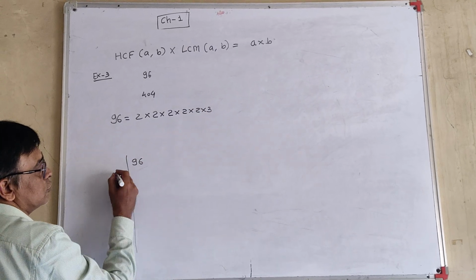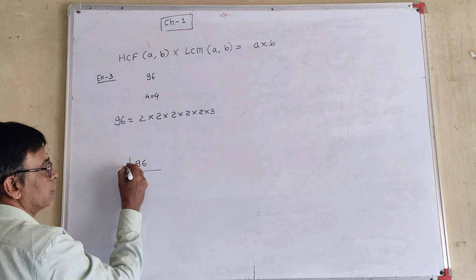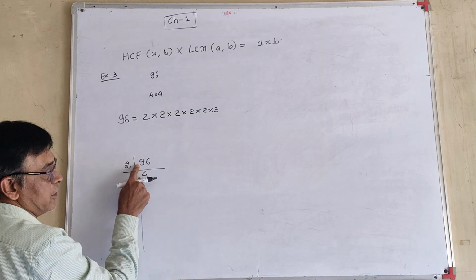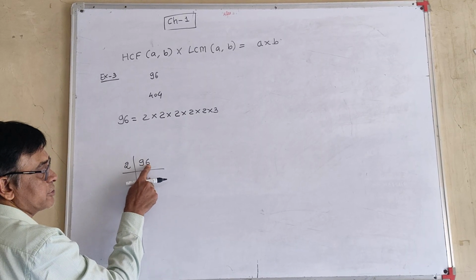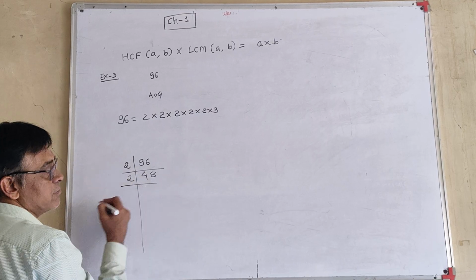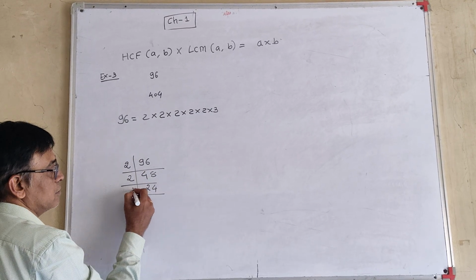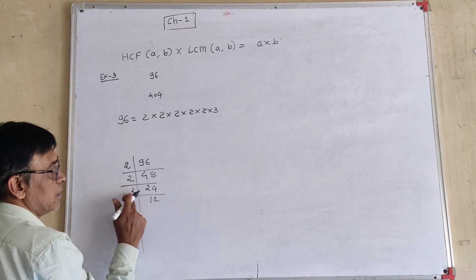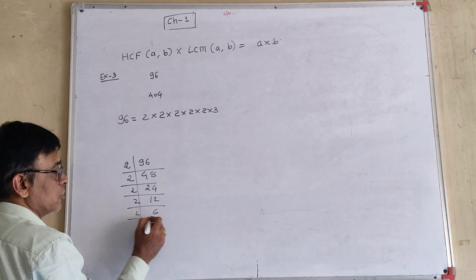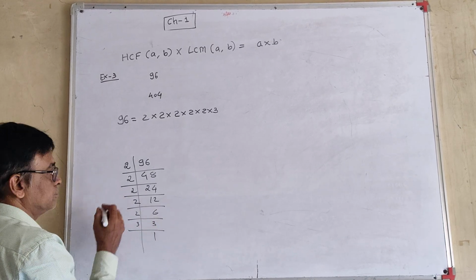If you can't follow, you can do this process in rough work also. 2 4s are 8, 1 is remainder, 16 will be there, 2 8s are 16. Again divide by 2, 24, 2 12s are 24. 2 6s are 12, 2 3s are 6, 3 1s are 3.